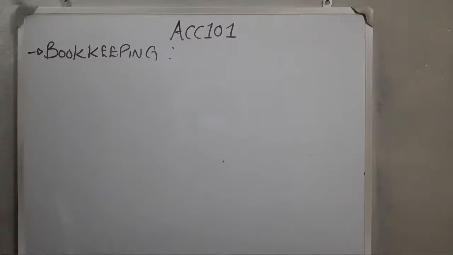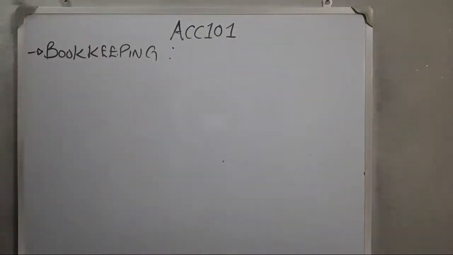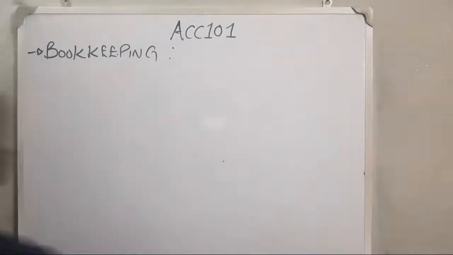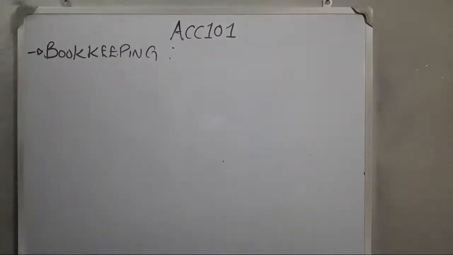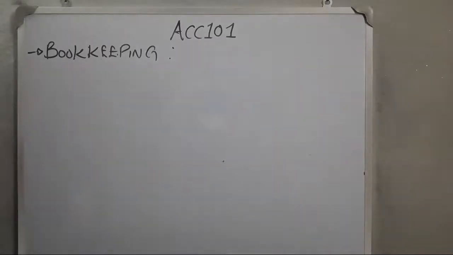You need to first understand that bookkeeping is a concept, and this concept is typically defined as a systematic recording. When we say something is systematic, you can't just do it anyhow. A systematic recording of what?